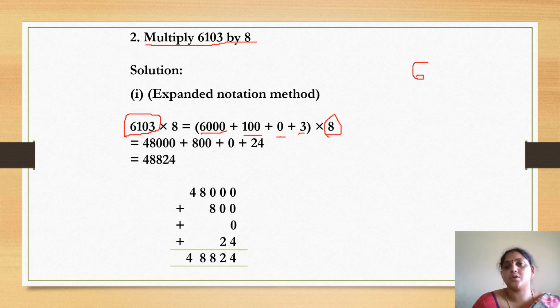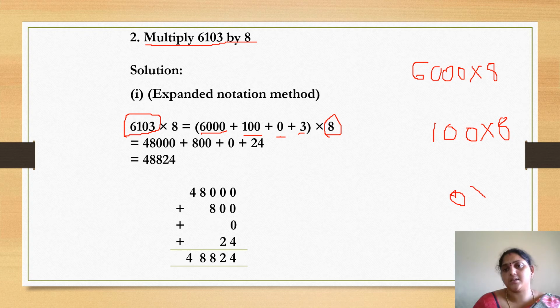So this 6000 should be multiplied by 8. Again, 100 should be multiplied by 8. Again 0 into 8. Again it should be multiplied by 3 into 8.